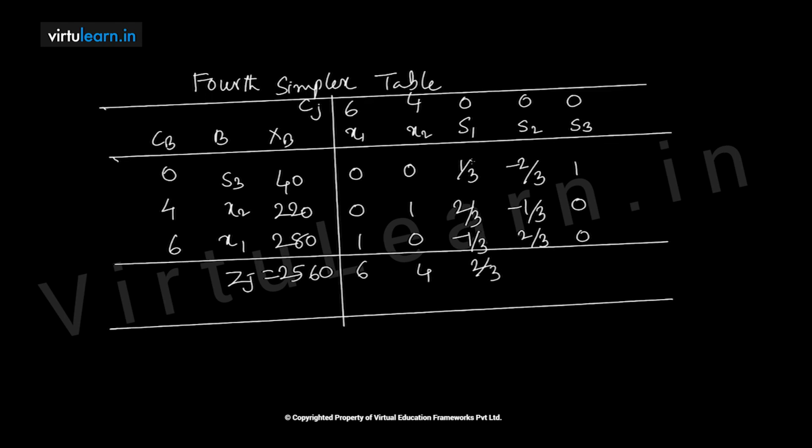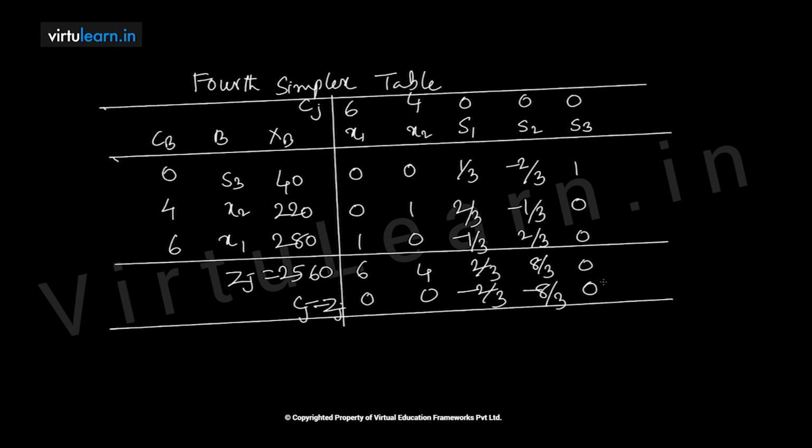This is summation of this into this plus this into this plus this into this. Get these values: 8 by 3, 0. Here Cj minus Zj equal to 0, 0, minus 2 by 3, minus 8 by 3, and 0.